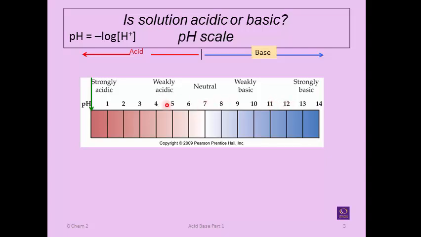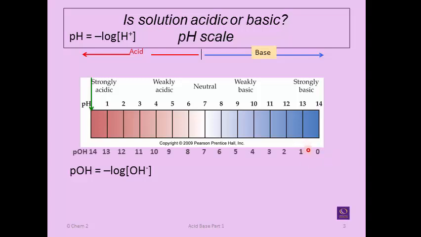Something I like to show you in general chemistry too is another form of this where you actually track the hydroxide concentration, and this follows the same trend. We call it the pOH, which basically is the negative log of the OH concentration in water, and it would follow a similar scale.